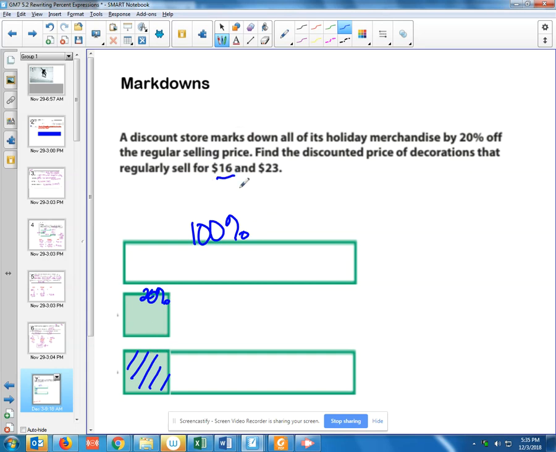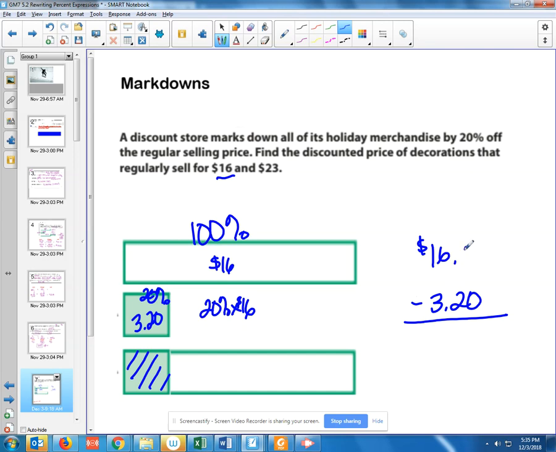So if I was starting at $16, if I took 100% of $16, that's my starting price. 20% times $16 is this amount in this chunk here, and we're going to subtract this off of our existing price. So grab your calculator and figure that out. That's $3.20. You can write that on there if you want. When you subtract these two, this is what your sale price is going to be.